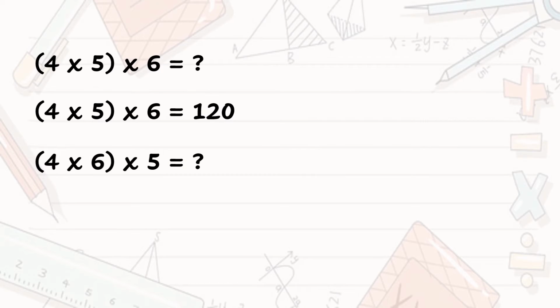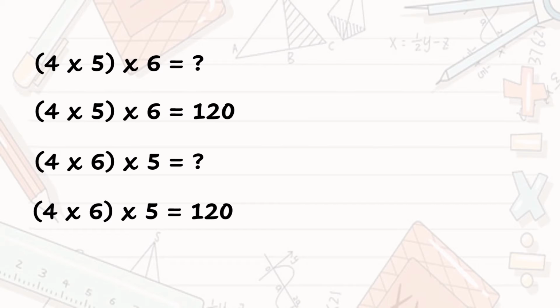Now, 4 times 6 times 5. But wait, is it just the same with 4 times 5 times 6? Yes. 4 times 6 is 24. 24 times 5 is equal to 120.